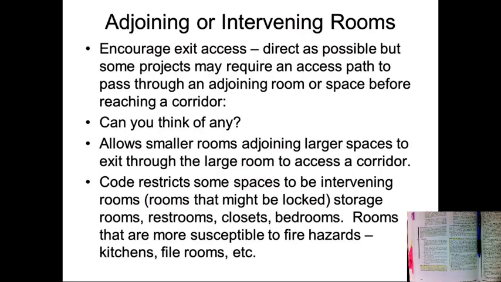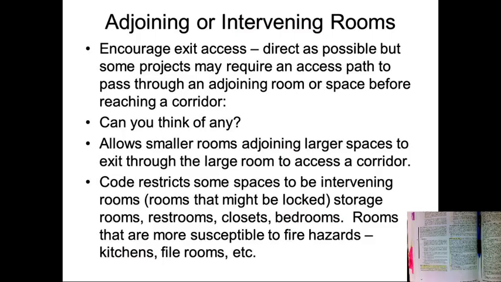So we're going to start with adjoining or intervening rooms. It's encouraged in an exit access. We've been talking about access ways, and an exit access is as direct as possible, but some projects may require an access path to pass through an adjoining room or space before reaching a corridor.